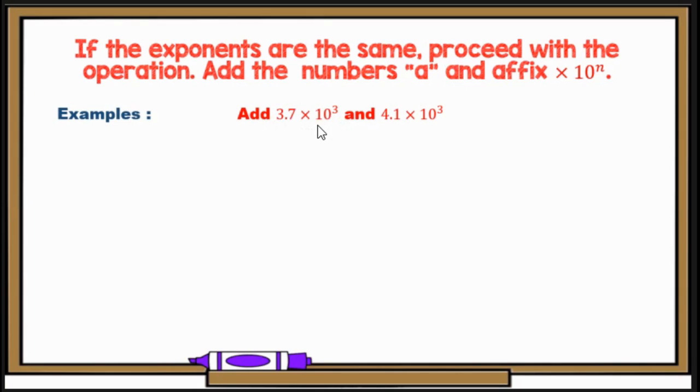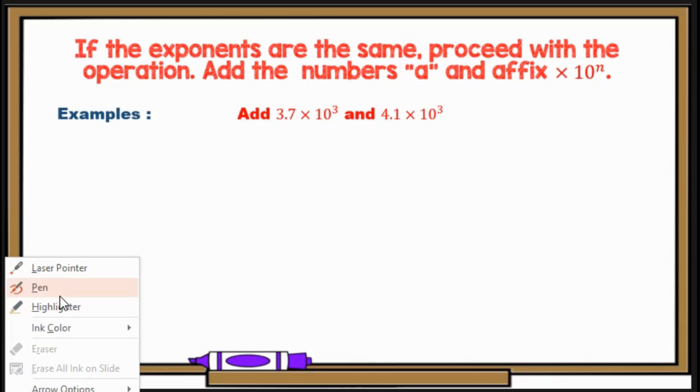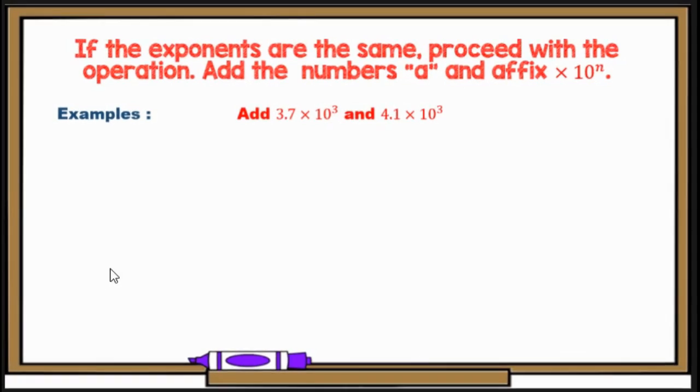Look at this example. Add 3.7 times 10 raised to the power of 3 and 4.1 times 10 raised to the power of 3. Both have the exponent 3. So all we have to do is to add the numerical coefficients a.